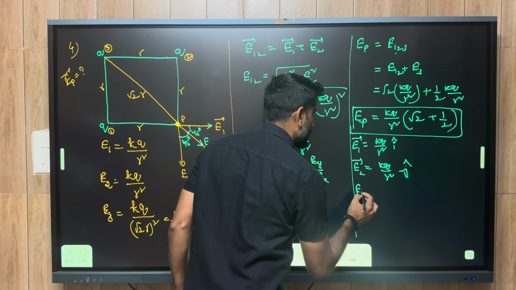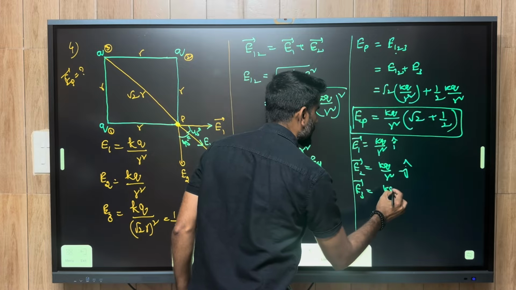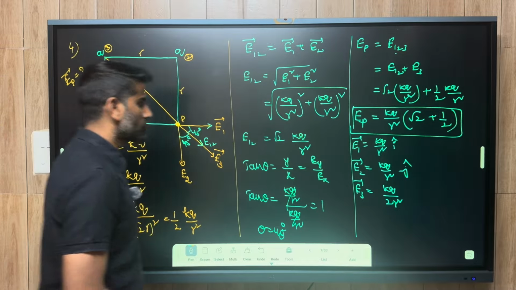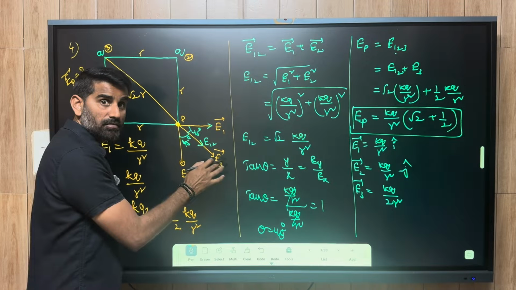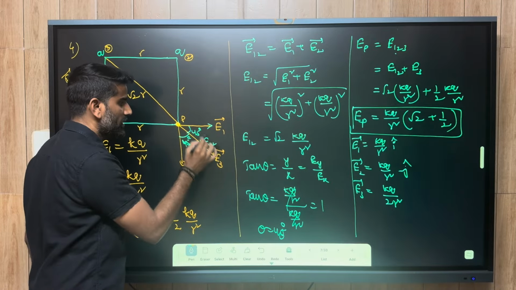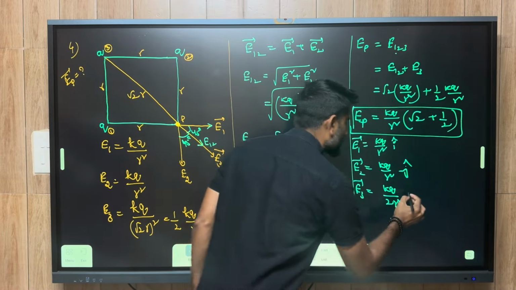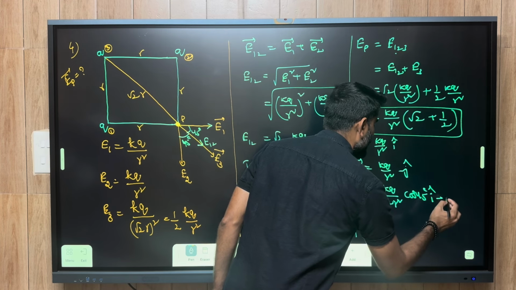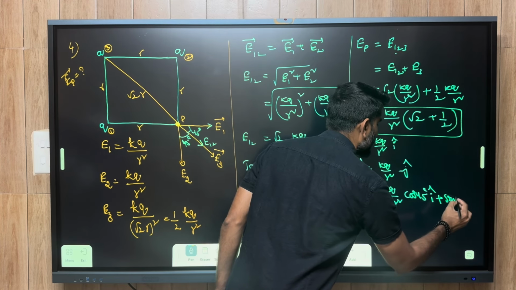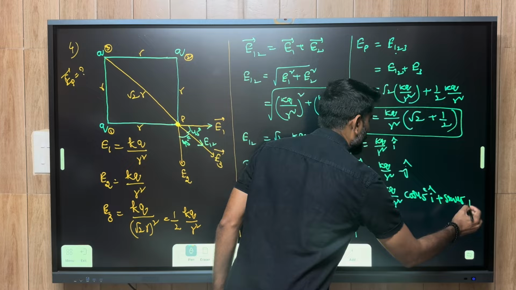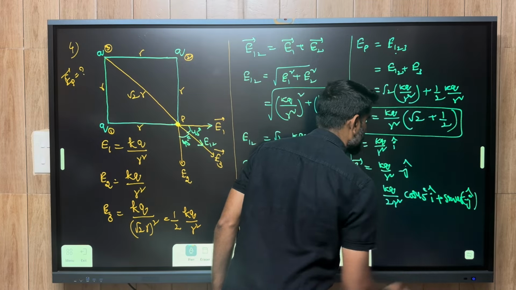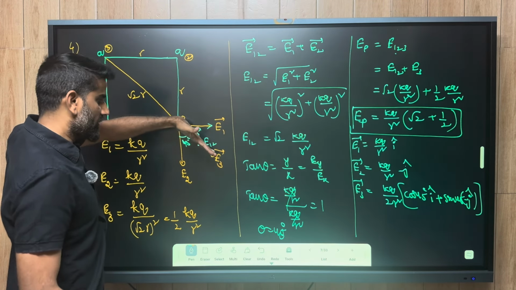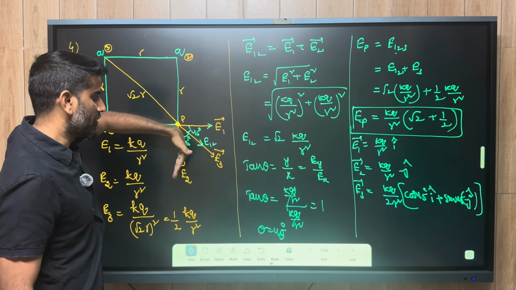I have the E3 vector, which is kq by 2r square in this direction, right? And this is 45 degrees. I can write this as kq by 2r square whole into cos 45 i cap minus sin 45 j cap. So when you look at this, E3 can be resolved into two components.